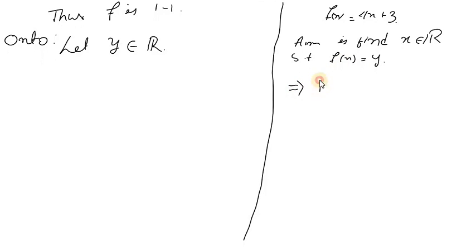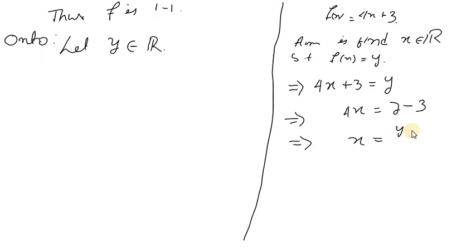Now you put in the value of f(x). So this is f(x). Now you solve this for x. So this will be 4x equal to y minus 3. So x equal to (y minus 3) divided by 4. Okay, so this is the thing.